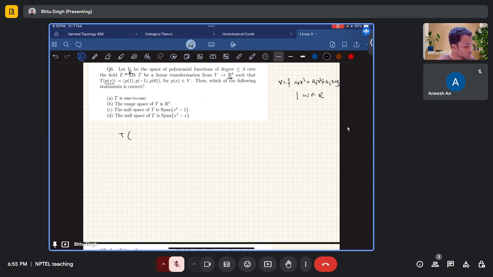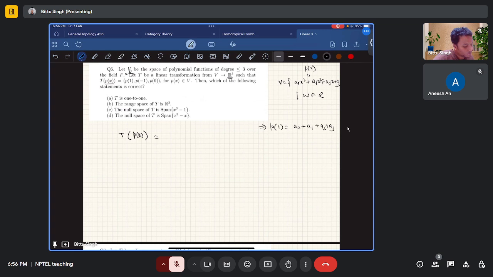T of the polynomial, for example, Px. If we choose Px to be that polynomial, then T of Px by definition is P of 1, P of minus 1, P of 0. So P of 1: just put the value x is 1. This will give us a0 plus a1 plus a2 plus a3.